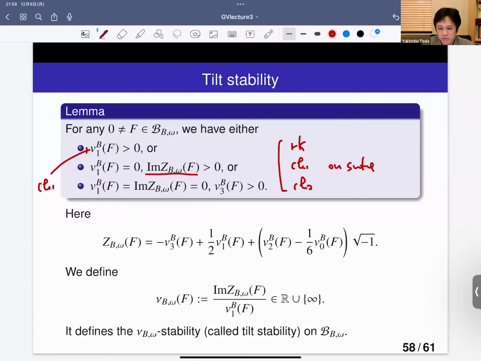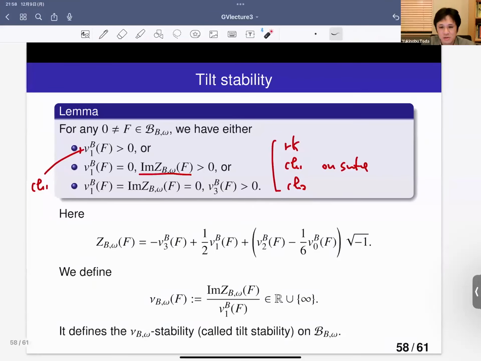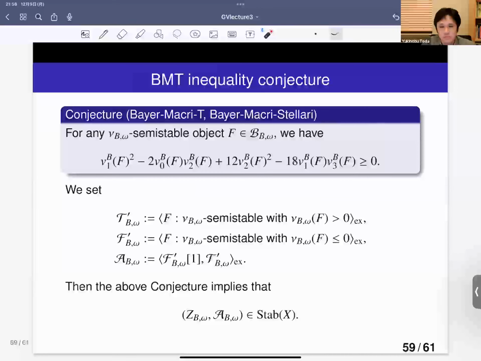So this is the similar condition. From this observation, we define this kind of slope function on the first tilting category, and tried to do similar operations.